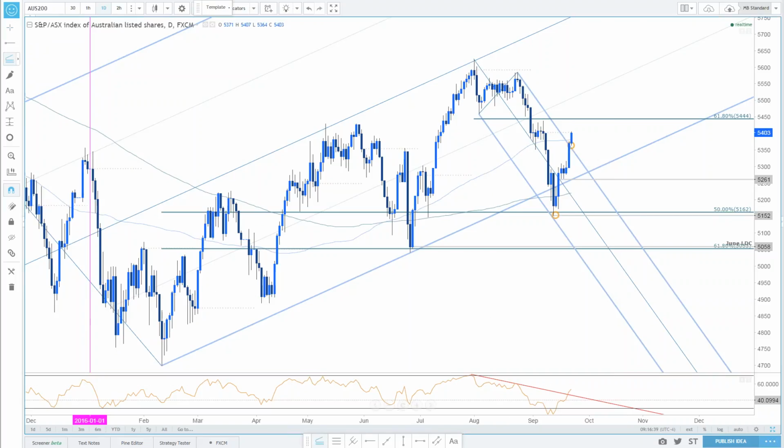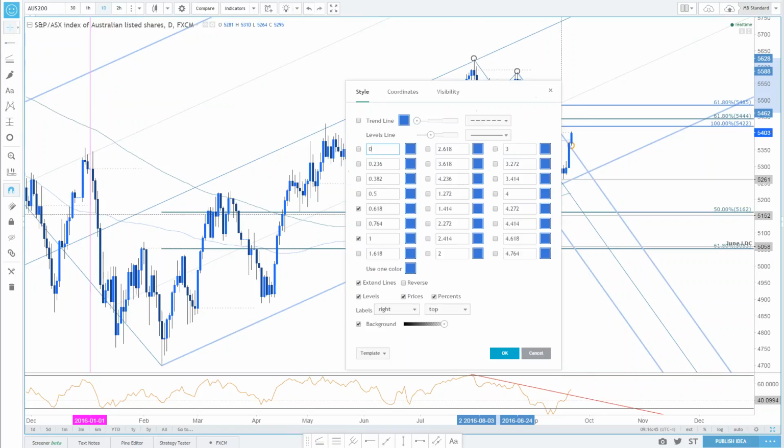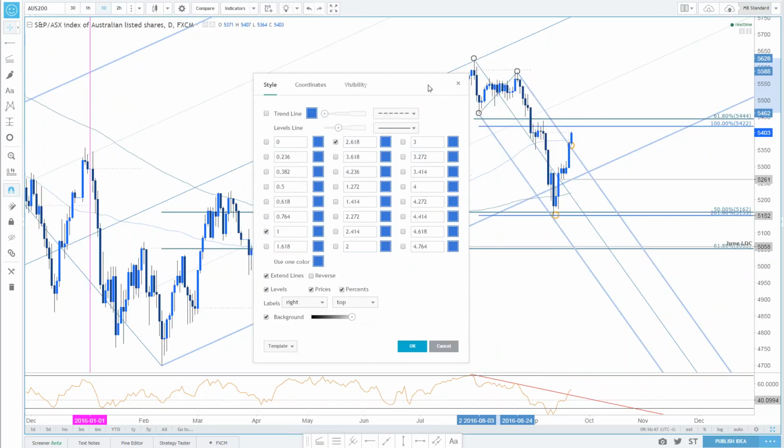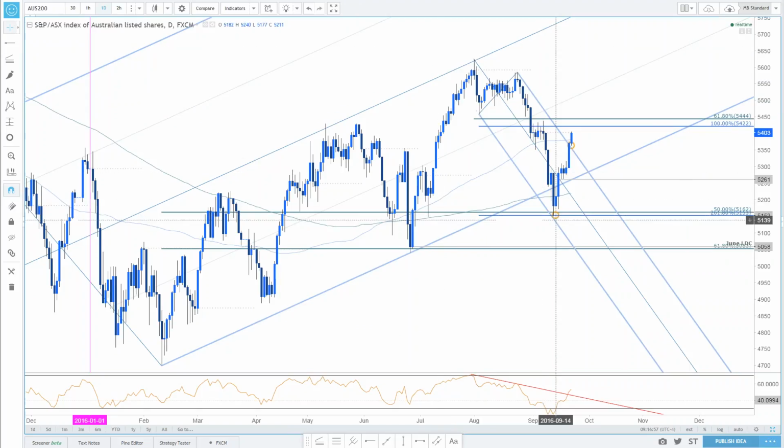Now let me just see if there's any Fibonacci relationships on this move. Disgusting. Okay, there's the 2618 extension, literally caught the lows to the pip. So the fib relationship there offering clear-cut support near 5153, 5162.